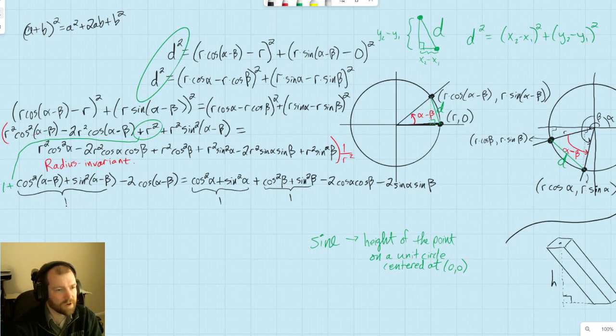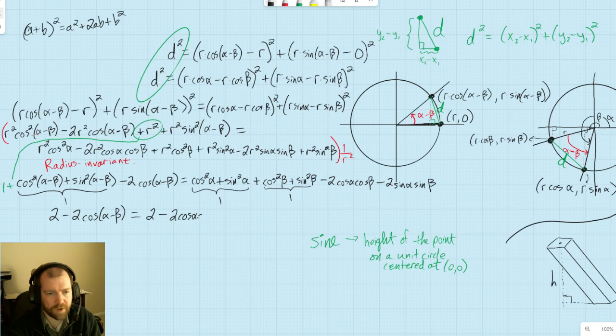Okay, so on the left, we have 2 minus 2 cosine of alpha minus beta. On the right, we've got a 1 plus a 1, so 2, minus 2 cosine alpha cosine beta minus 2 sine alpha sine beta.